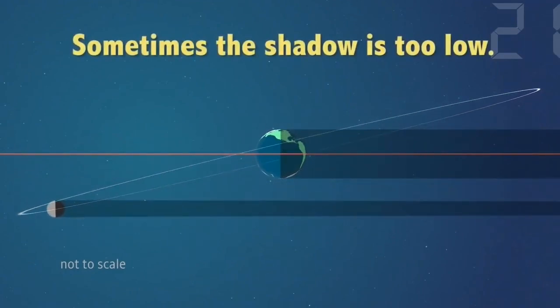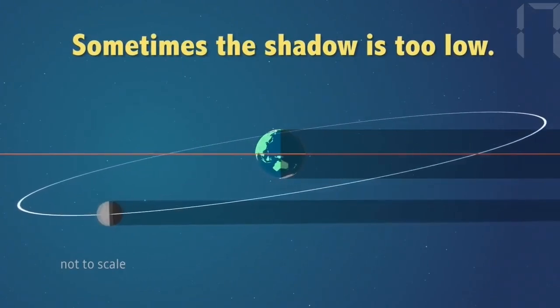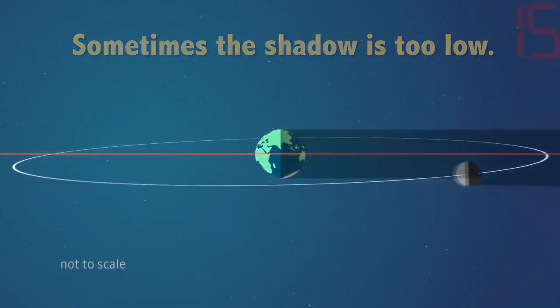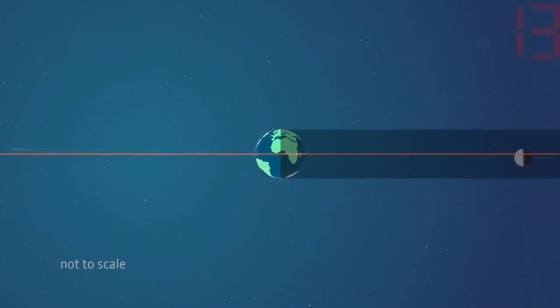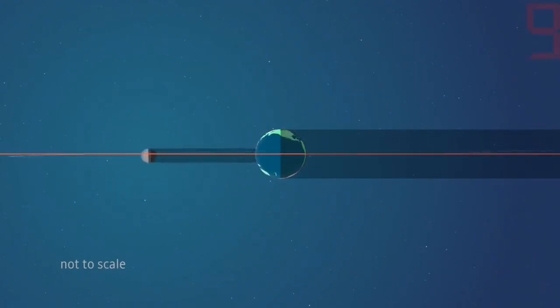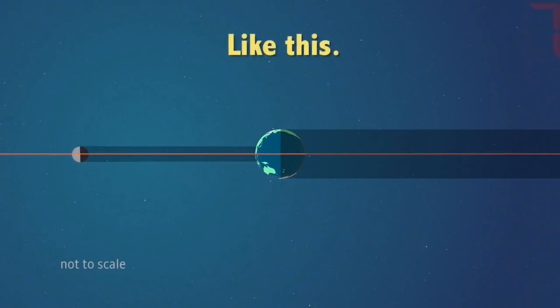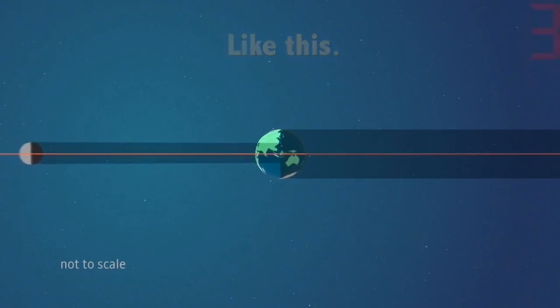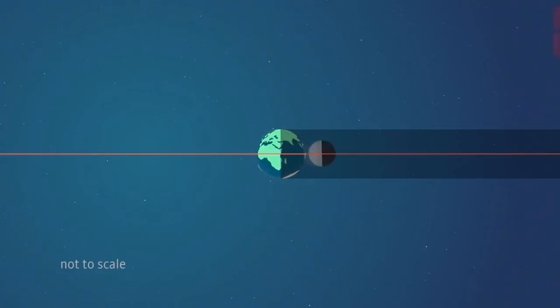And sometimes the shadow is too low. To have a solar eclipse, it must be right, just like this. And that's the reason why we don't see a solar eclipse every month.